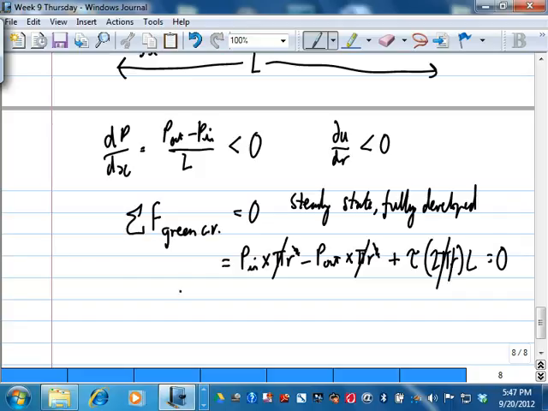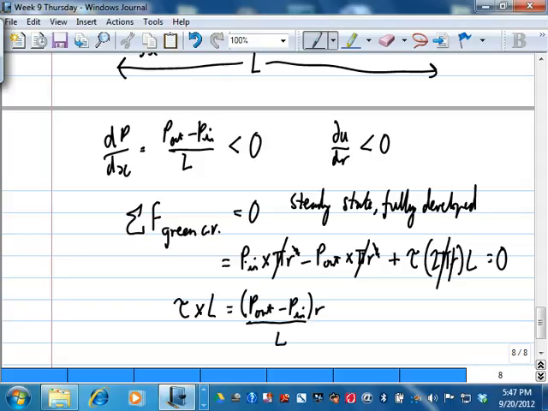Alright? So, we have shear stress times L is equal to P out minus P in over L. There's an R here.